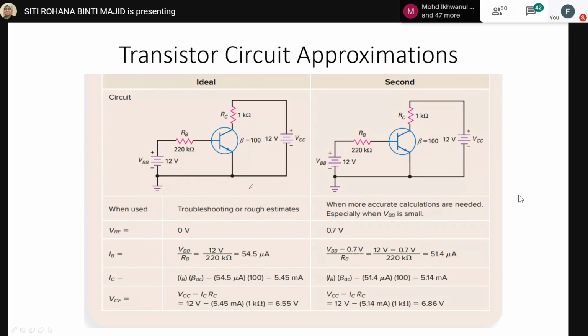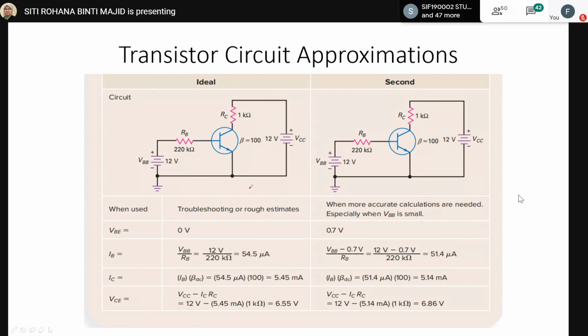For the ideal one, when we use an ideal BJT or diode, the IV curve is perfect, lying on the X and Y axes. The same thing for BJT, because they use the same concept, which is the PN junction. So when VBE for ideal is zero, we can see the effect of this value on our calculation for IB, IC, and VCE.